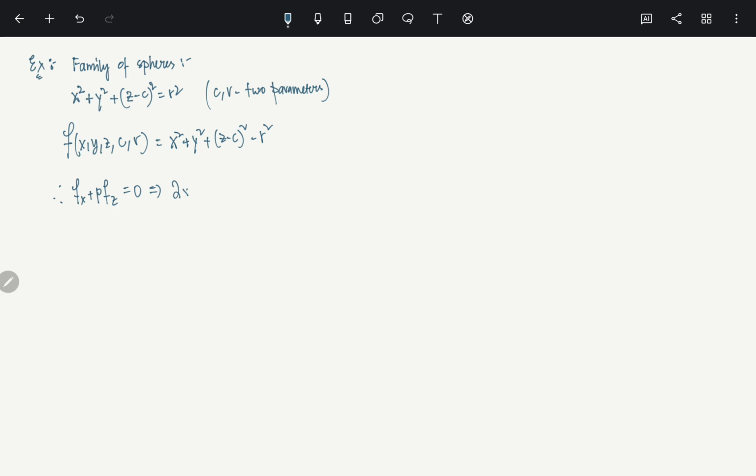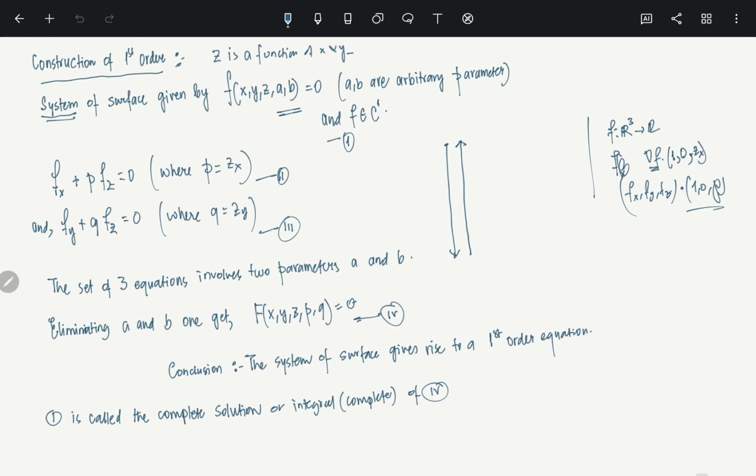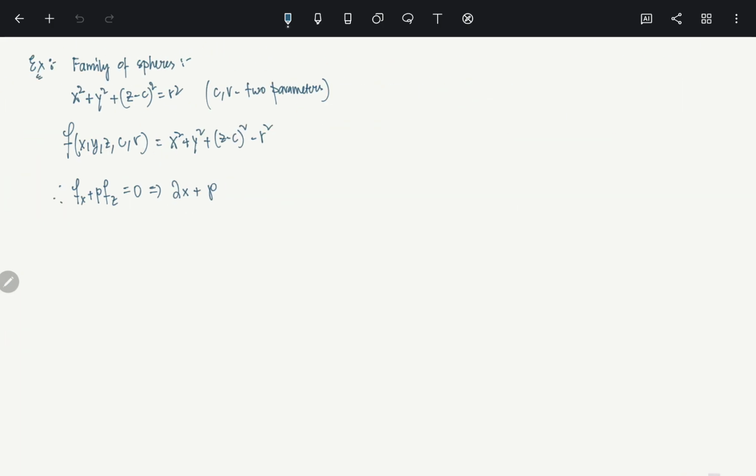It is 2x plus p, where p is zx, times fz. Taking the derivative with respect to z, it becomes z minus c. So you can cancel the 2, and it becomes x plus p(z minus c) equals 0.